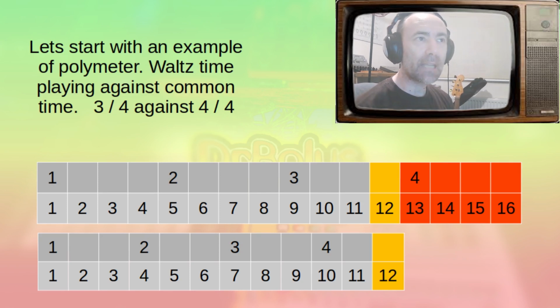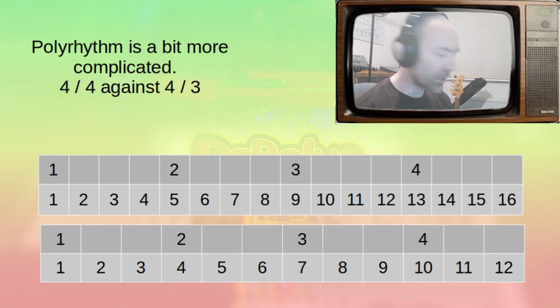Now, let's get to the polyrhythm, because that's where everybody wants to go, and polyrhythm is definitely a little bit more complicated. And the problem that we've got with polyrhythm is that we don't have the drift in the same way. The 2 bars have got to be the same length.